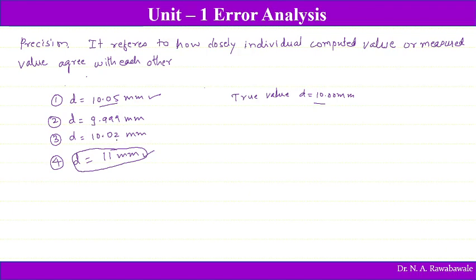Then we say that the device is more precise. Say for example, you are measuring the diameter of a shaft 10 times using the same instrument, same shaft, and all the times the answers are the same or with very close values, then we say that the device which we have used to measure the diameter of the shaft is more precise.